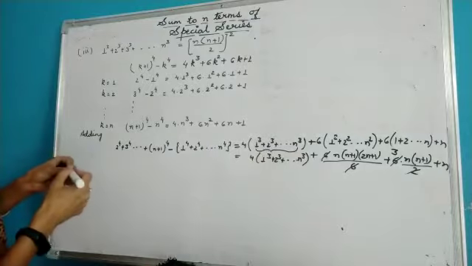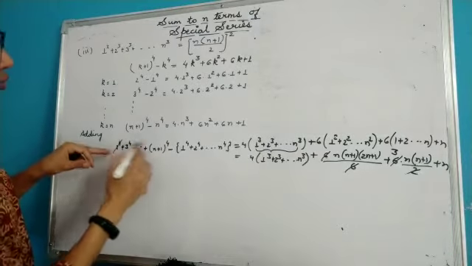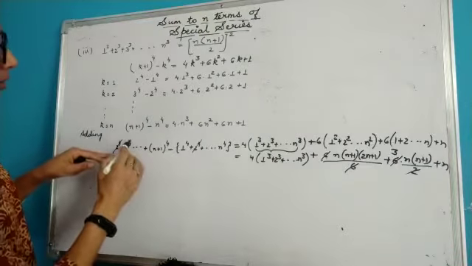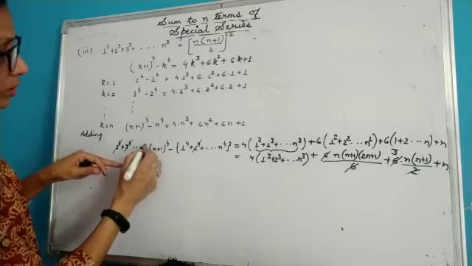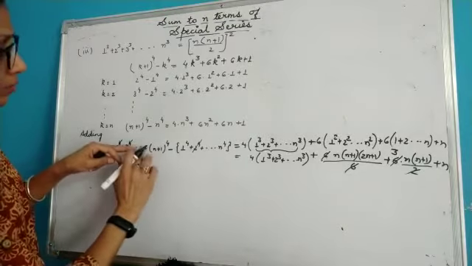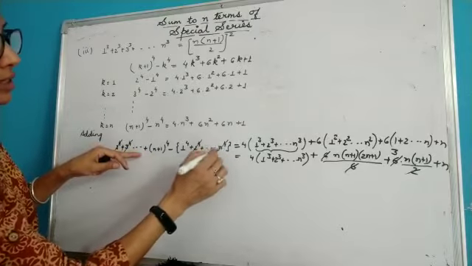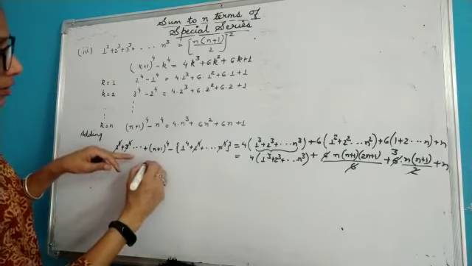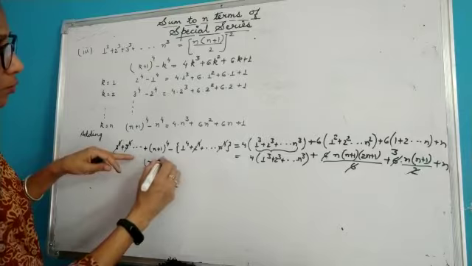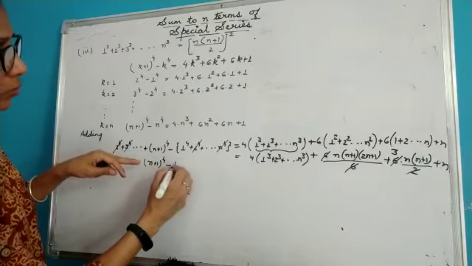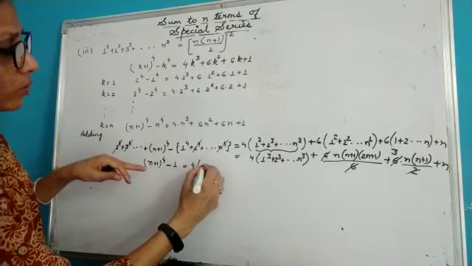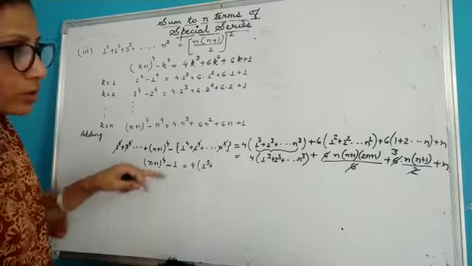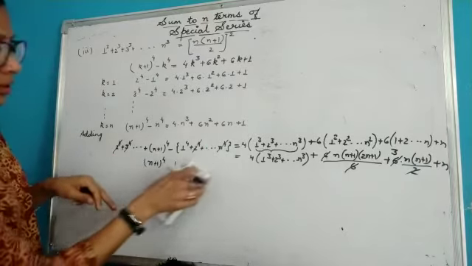Now you look here, children, when I will be opening it, this 2 raised to power 4 will cancel with this 2 raised to power 4, and next will cancel, and before this it will be cancelled. It will be n raised to power 4 which will cancel with this. So I will be left here with n plus 1 raised to power 4 minus 1 raised to power 4, which is 1. This equals 4 times 1 cube plus, or simply I can take those things this side too.